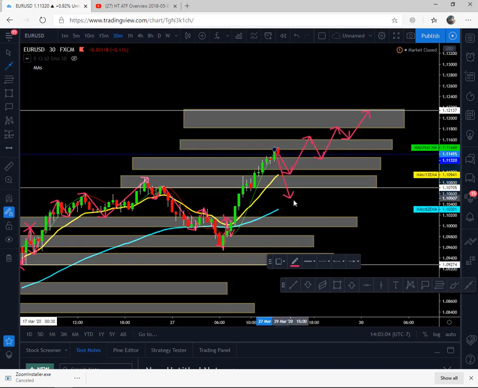But if price breaks this support, then there could be a potential for a reversal.